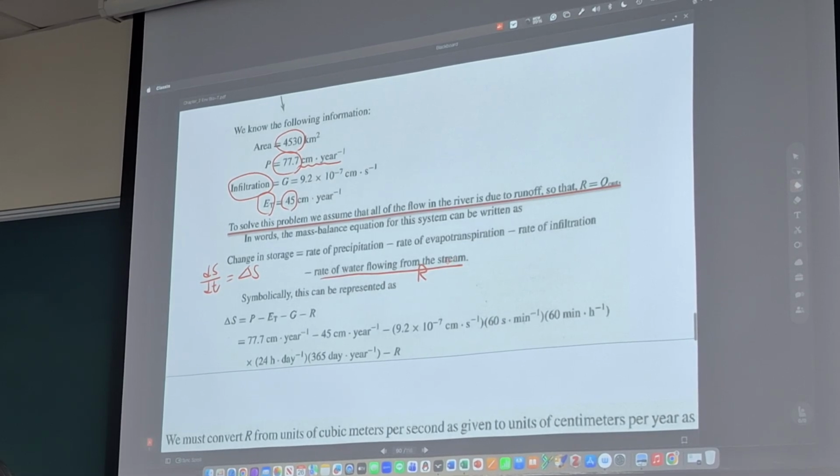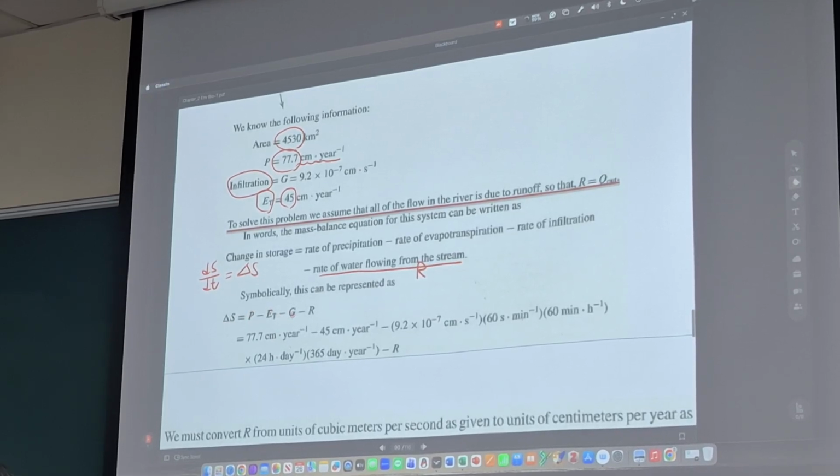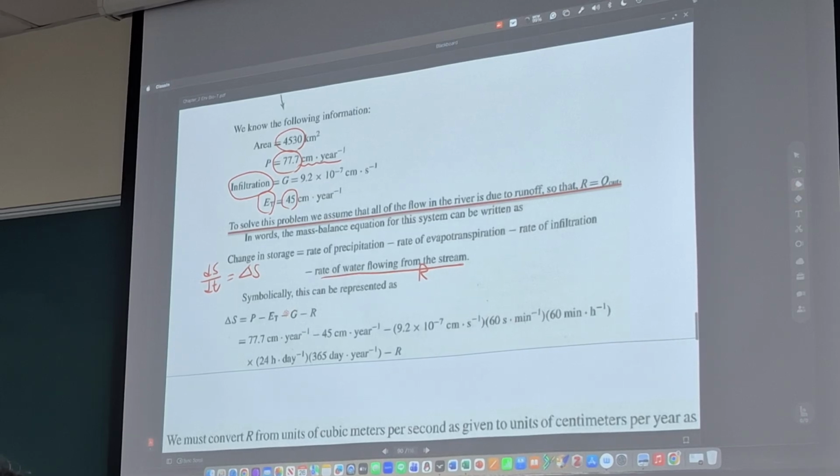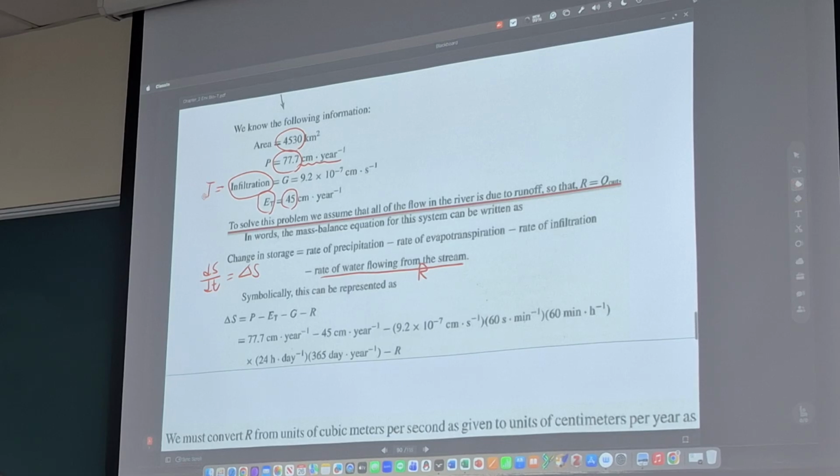So delta S equals P minus E minus G. Or you might also use I, minus I.